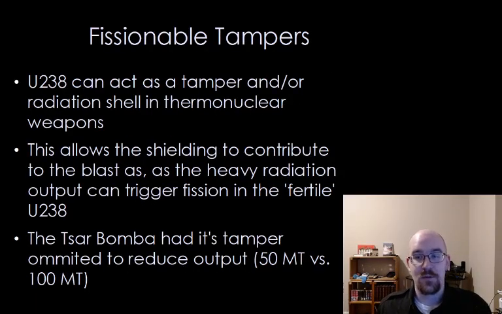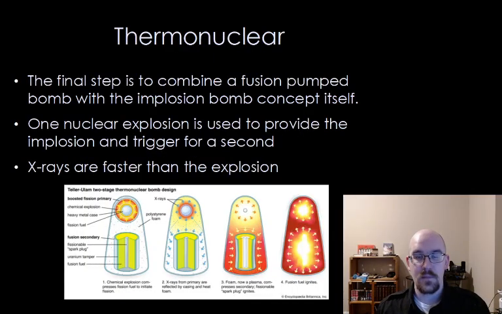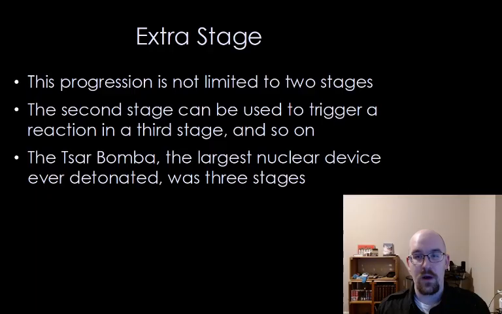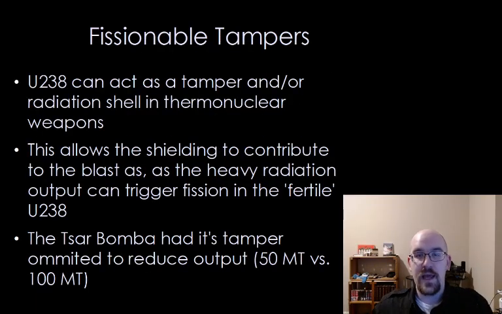This also leads into a brief discussion of how tampers can be more than just a neutron reflector, as U-238 is often used as the reflector, both for the shell in a thermonuclear bomb and just the tamper in other bombs. The U-238 will react when enough neutrons or other radiation is pumped into it.